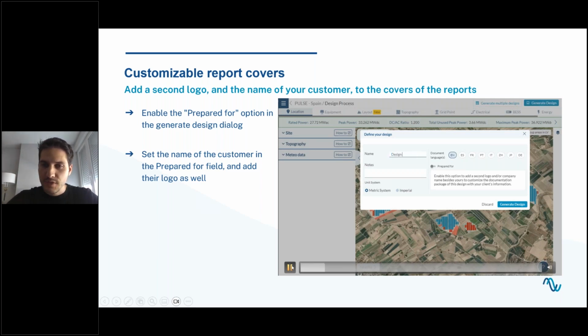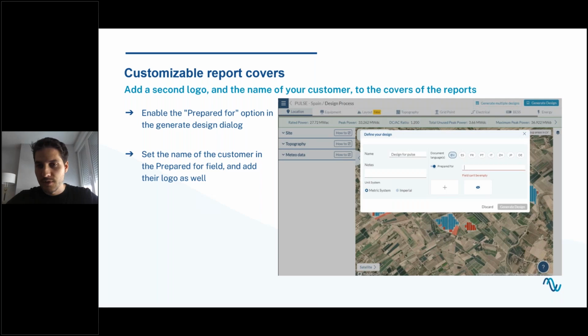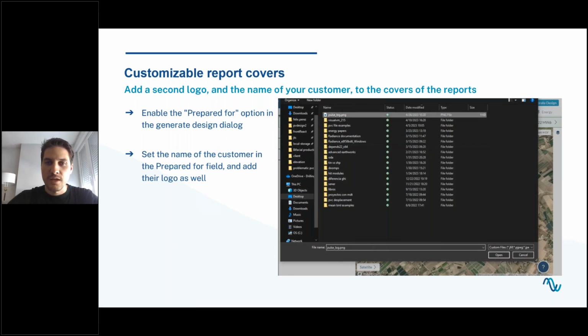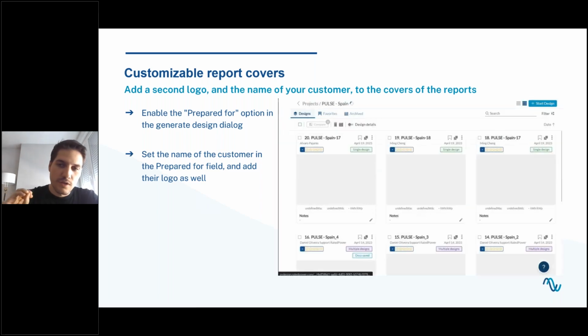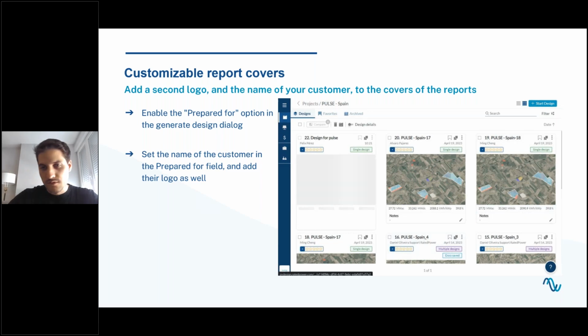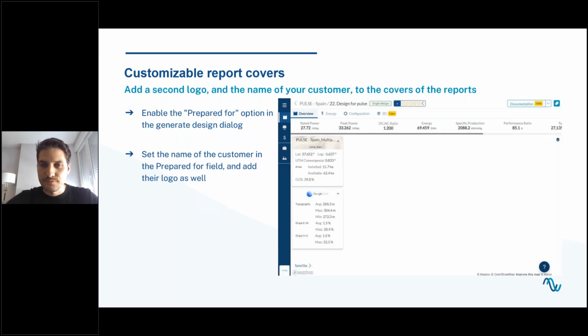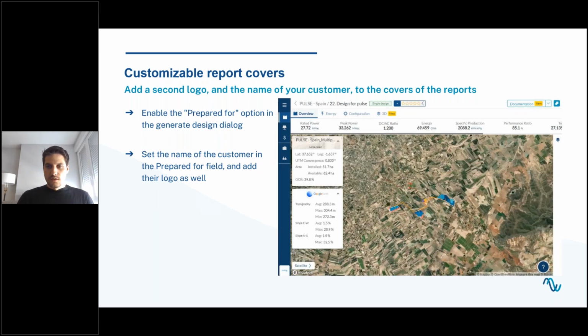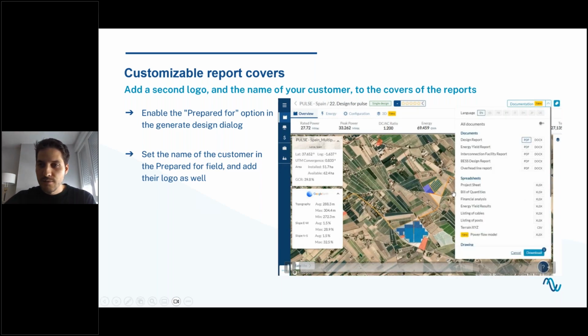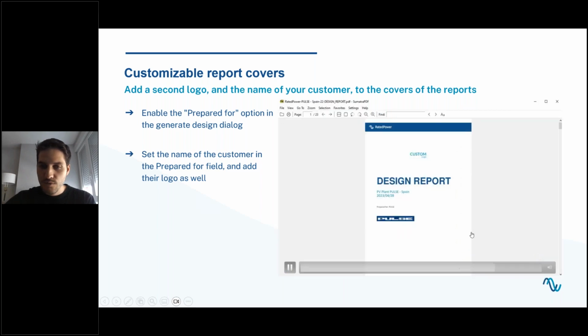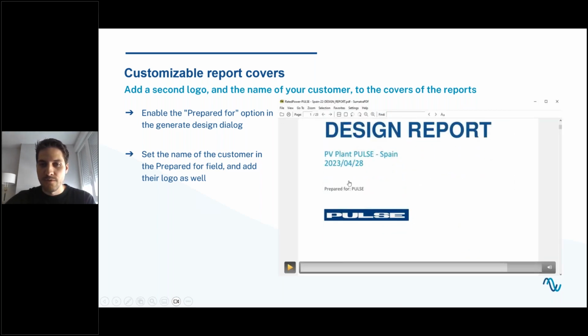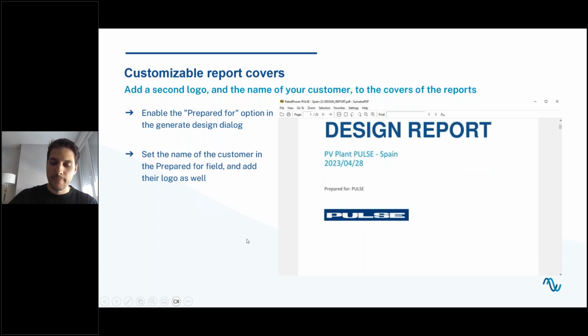So what you have to do is just click the prepare for, fill the name of the company that you would like to share the documents with, and then also upload the logo. Automatically, PV Design will generate all the documentation with this sentence, prepare for the company and the logo. You can see in the video, if you download a document, that you will see the prepare for company and logo. These are our releases regarding April.